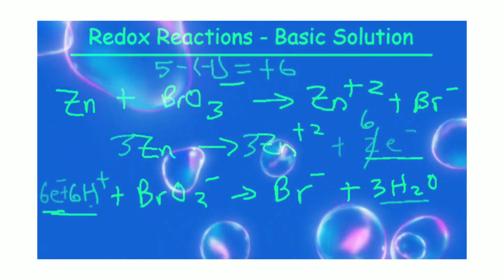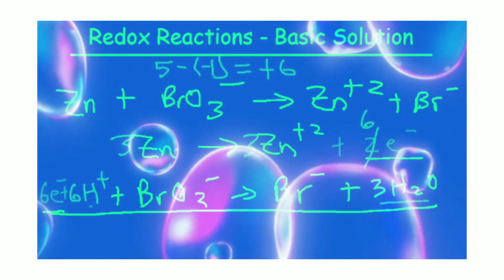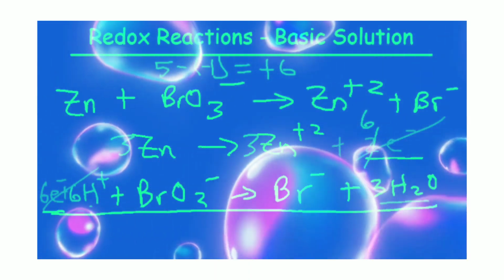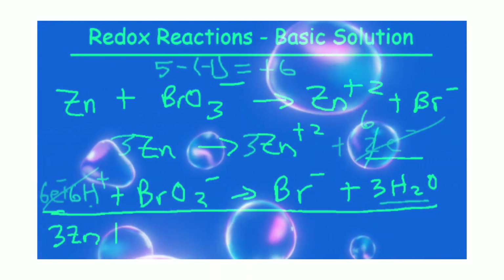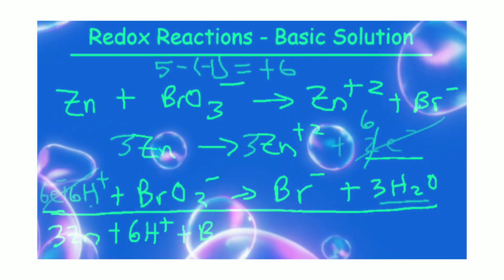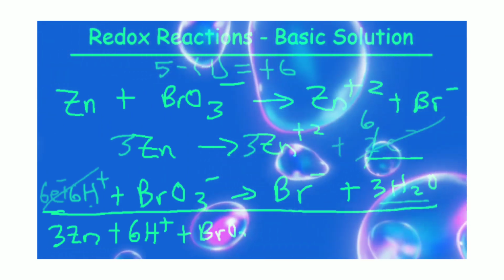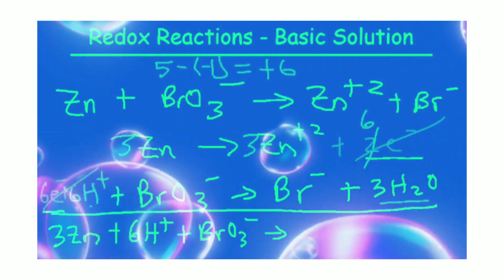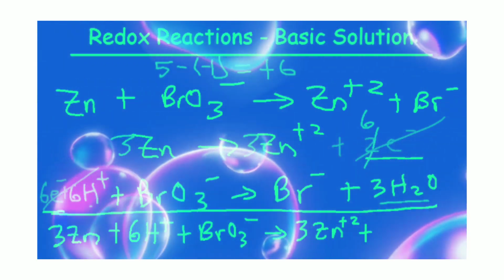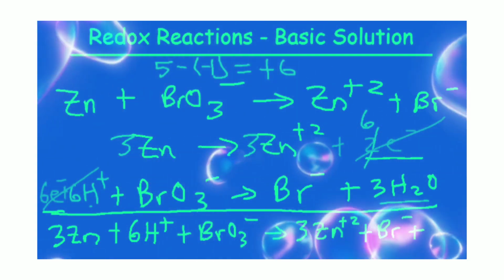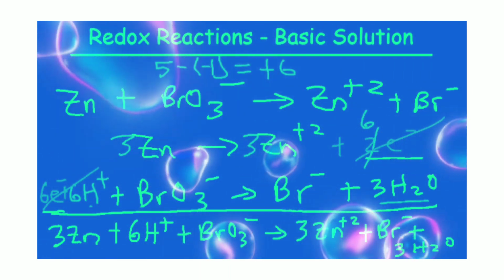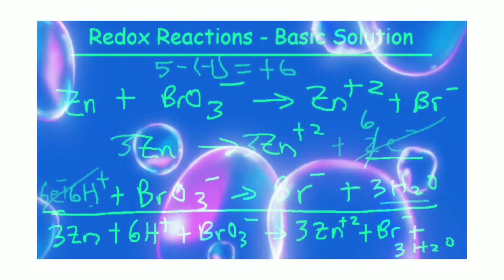So if we add these two equations, the electrons will cancel. And so it's going to be 3Zn plus 6H plus BrO3 minus, and that's going to turn into 3Zn2 plus plus Br minus plus 3 water molecules. So this is the balanced reaction under acidic conditions.